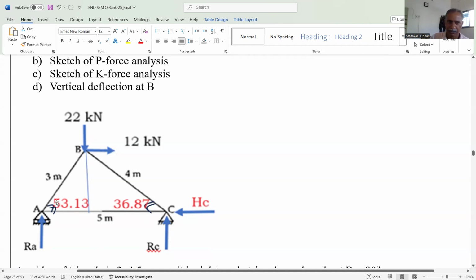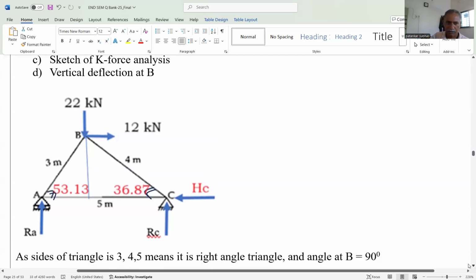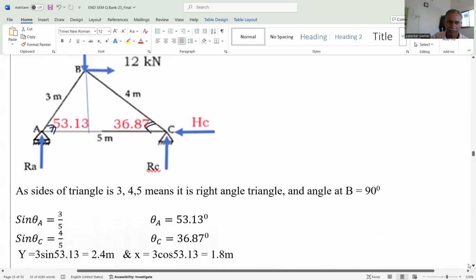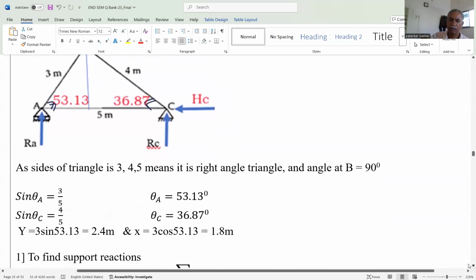You can find out the angles by drawing the vertical line, and then sine theta is equal to this divided by this, and cos theta is equal to this divided by this, we get this angle and this angle. Okay, so the angle is already calculated. Theta at A is 53.13 degree and theta at C is 36.87 degree.